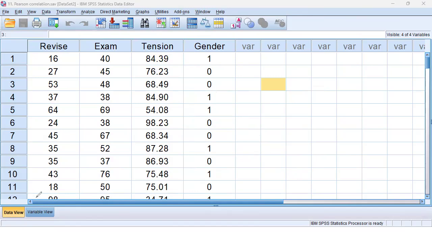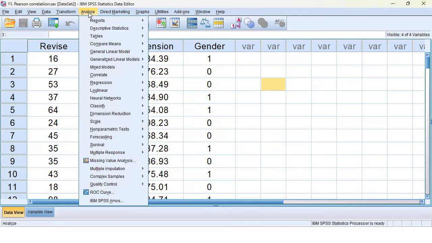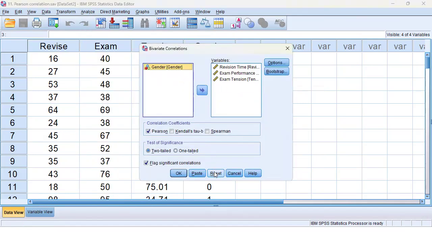Now how to calculate it? So go to analyze, then correlation, and here bivariate. Now first of all, I want to check the correlation between revision time and exam performance. So here I am selecting only two variables, the revision time and exam performance.